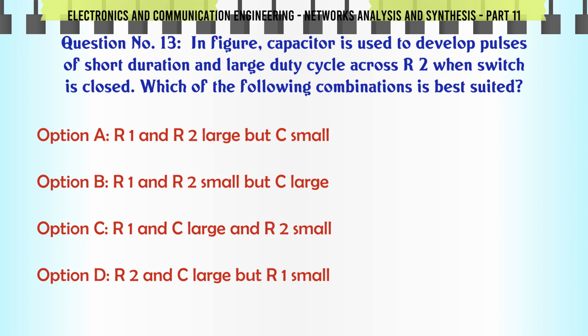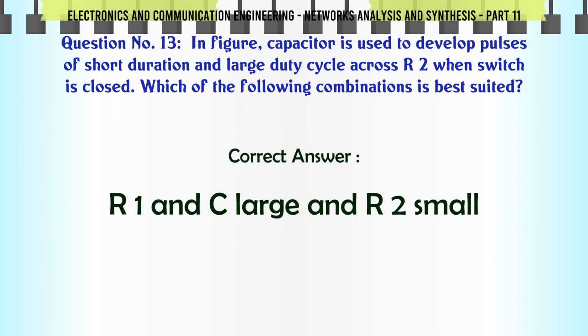Which of the following combinations is best suited? A R1 and R2 large but C small. B R1 and R2 small but C large. C R1 and C large and R2 small. D R2 and C large but R1 small. The correct answer is R1 and C large and R2 small.